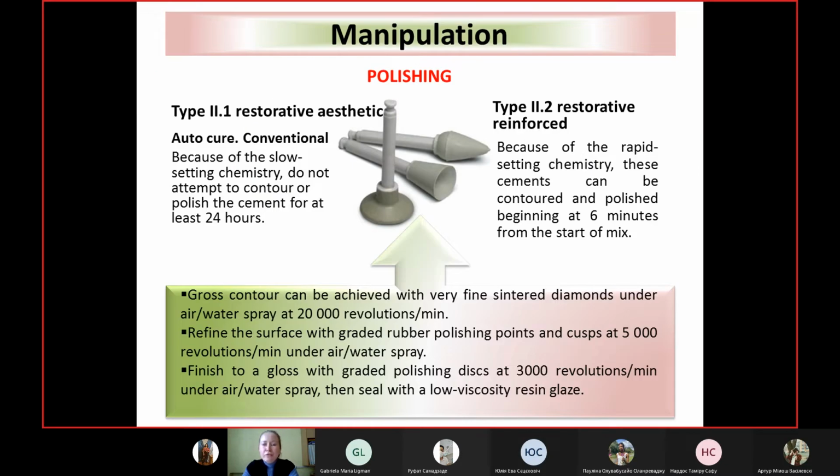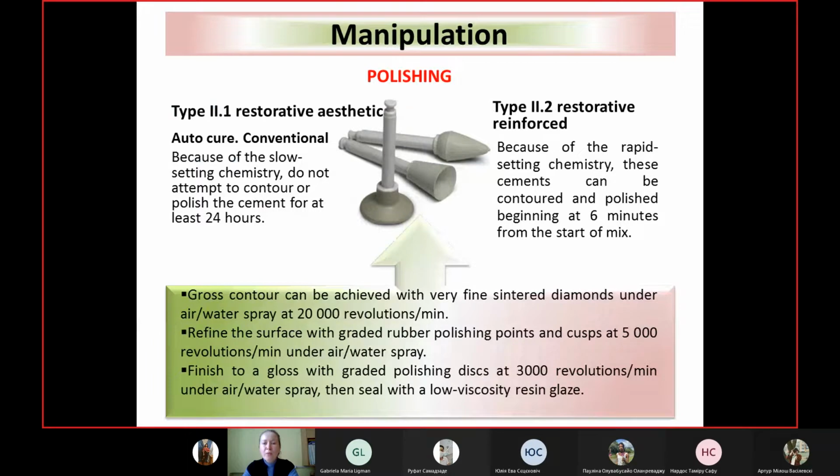The final stage of handling glass ionomer cements is polishing. We have two types, autocure conventional glass ionomers and reinforced, and the polishing techniques for these two groups of materials are different. For conventional glass ionomer cements, polishing can start in 24 hours.